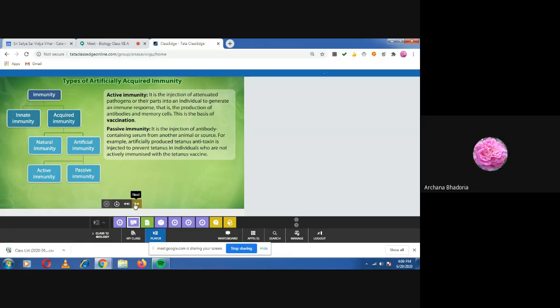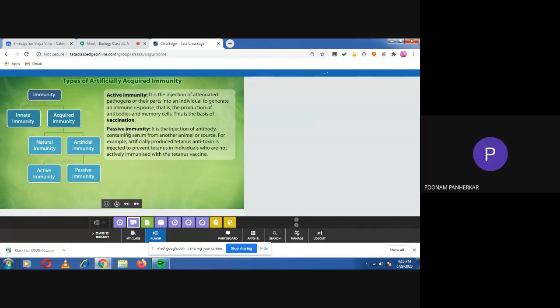Active immunity means that your immune system gets activated by injecting the partly active or attenuated pathogen or its parts into an individual to generate an immune response. So you call that active immunity. What is happening is your immune system is getting activated and it is producing the antibodies and the memory cells. So you call it active immunity.